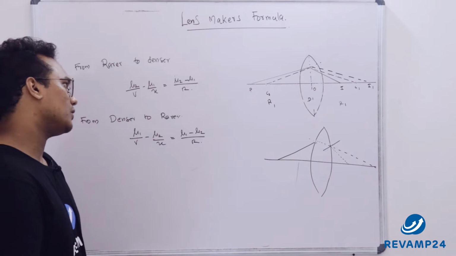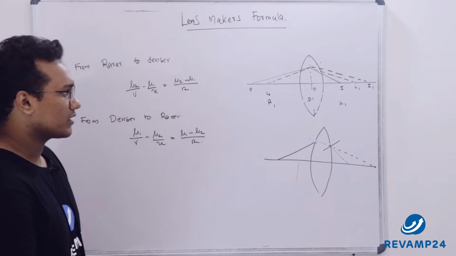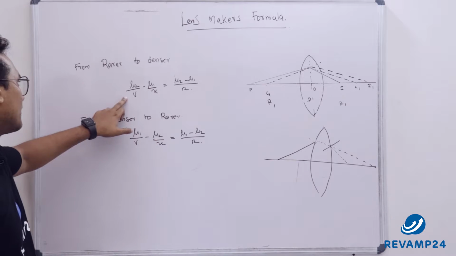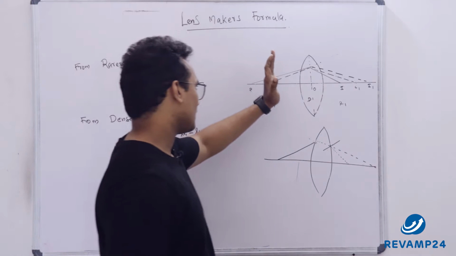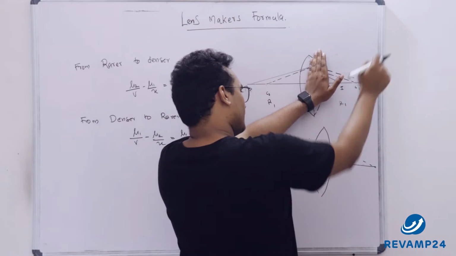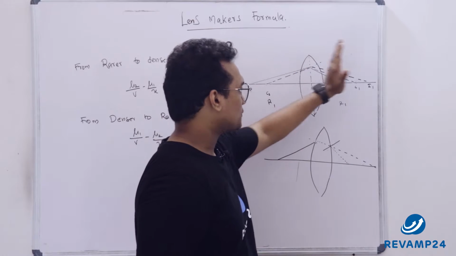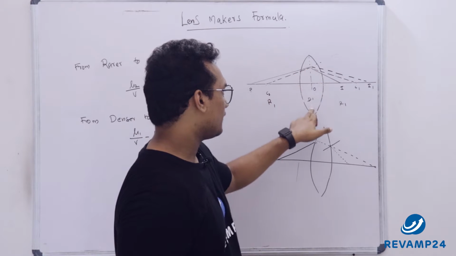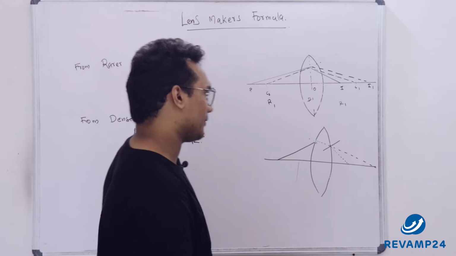Previously I have explained the refraction occurring at a curved surface, and the equation was this: when the light enters from rarer to denser medium, that is, if you don't have a surface here, instead of that, if you are having this side fully made up of a material of refractive index, that is nothing but the refractive index of the denser medium.